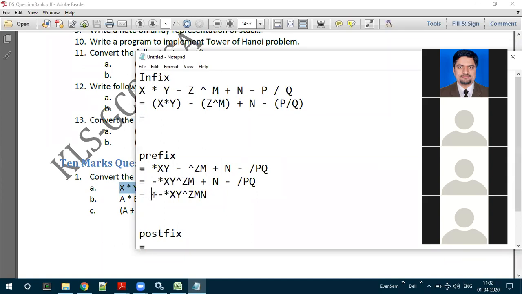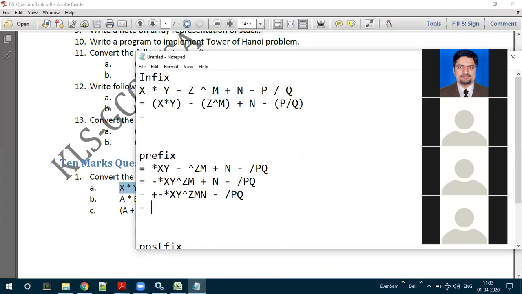This plus is written first, followed by the first operand, that is minus star X Y power Z M, and N is written. Then the remaining content we write as it is, minus division P Q.